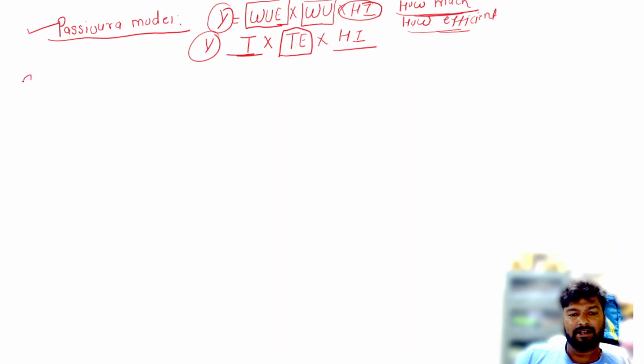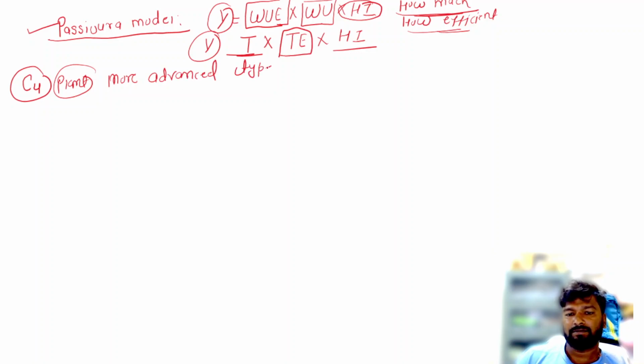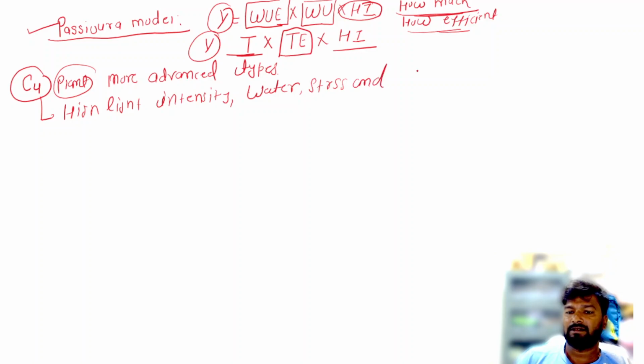also you know that C4 plants are more advanced types of plants and they can grow well under high light intensity, water stress, and challenging environments.